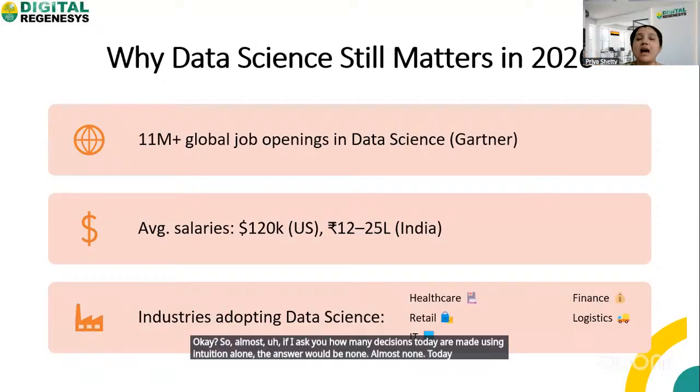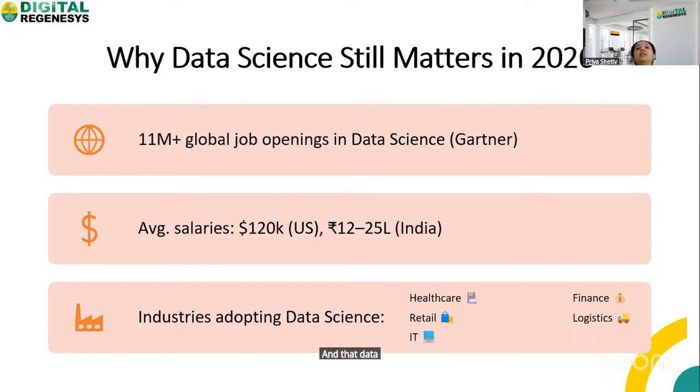Today, decisions are completely made using data, a huge amount of data recorded from your past, and also from your present. Every piece of data is collected, and that data is used for decision making.